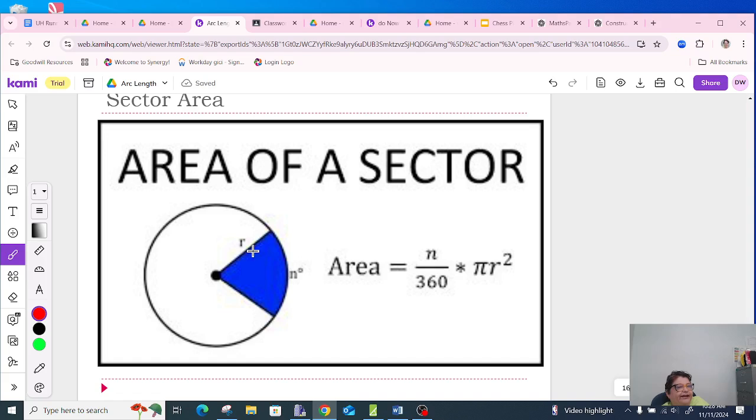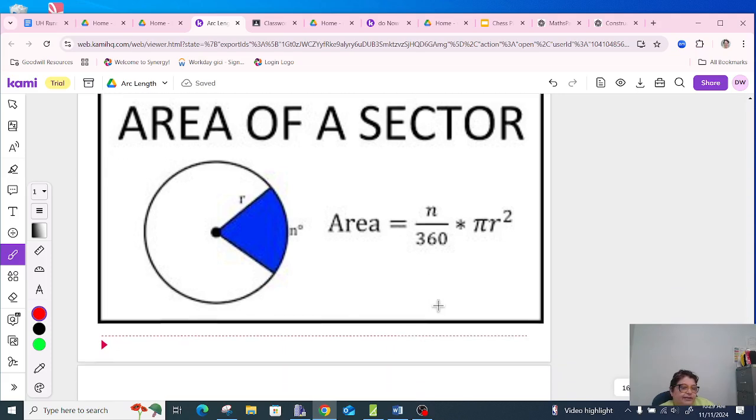And so this is area. And it's based on the area formula of a circle. Well, the area formula is pi r squared. And now you're just doing a fraction of the circle. So it's the same thing we've been doing, other than now we're doing pi r squared with the central angle divided by 360.